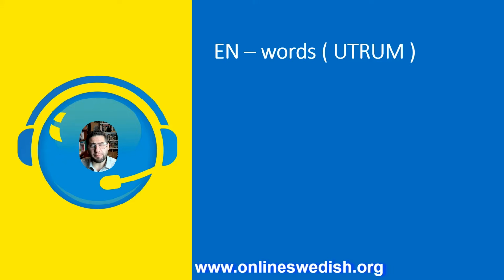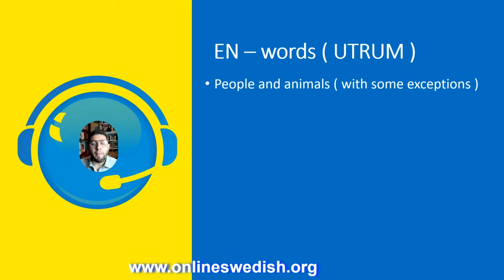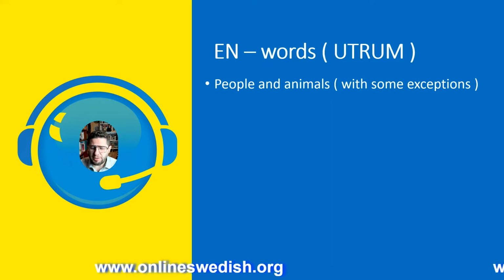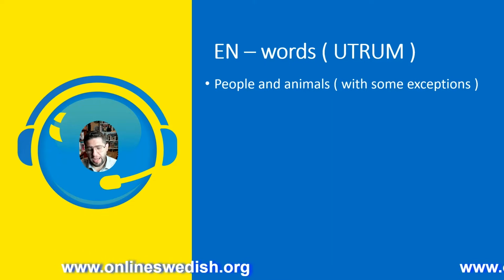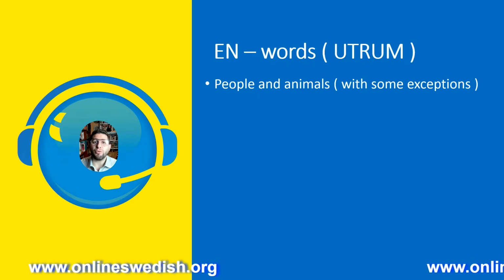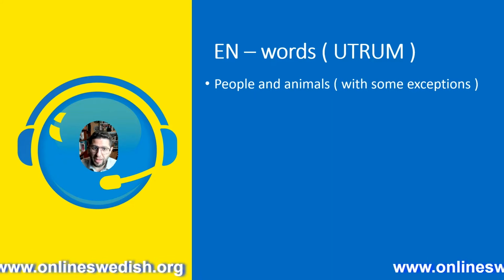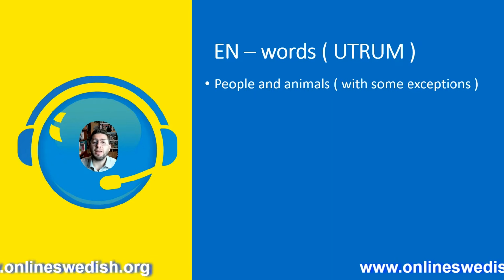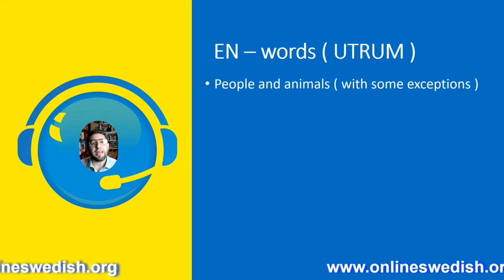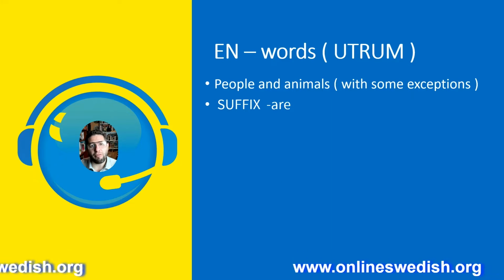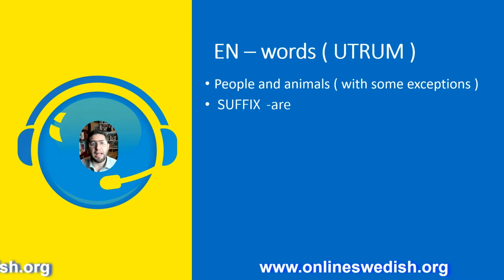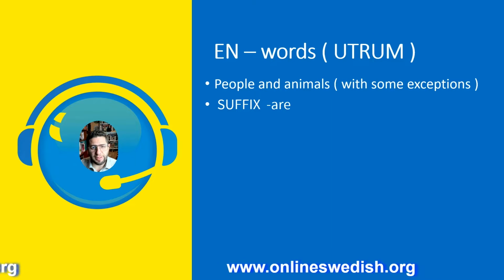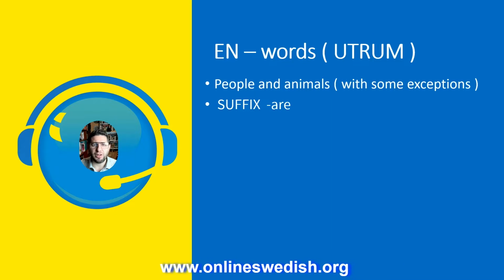So let's speak about en words. People and animals, with some exceptions. And remember guys, there are no rules without exceptions. People and animals, with some exceptions, belong to the category of en words. And then we have the suffix are, which corresponds to the English er.